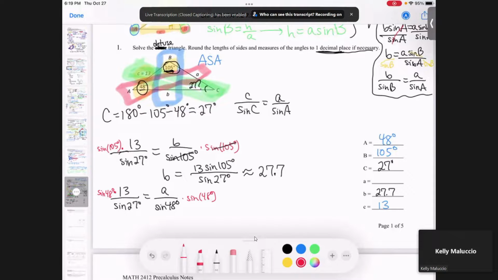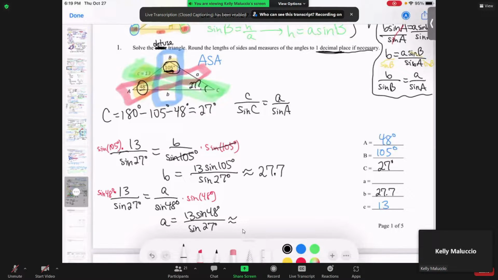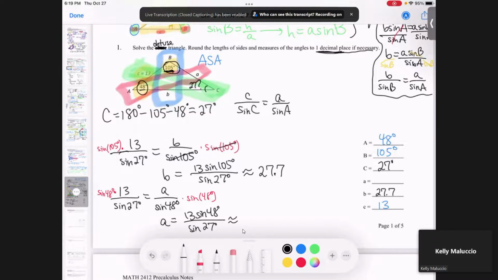And I get, let's see, little a is going to be 13 sine of 48 divided by sine of 27. And you should get about 21.3. And just make sure you're in degree mode. That's like the only reason in this case that you should really get anything wrong, right? Just make sure you're in the right mode.